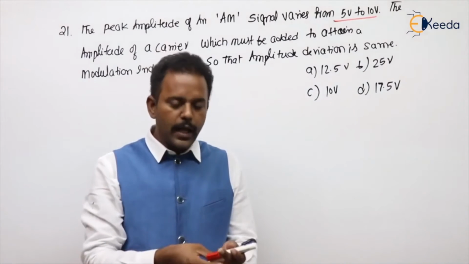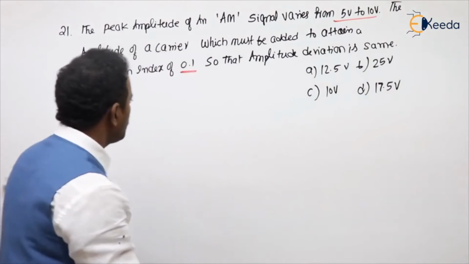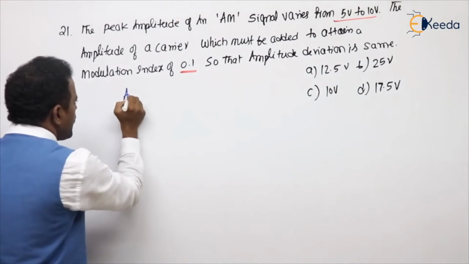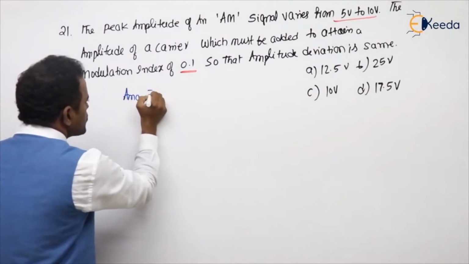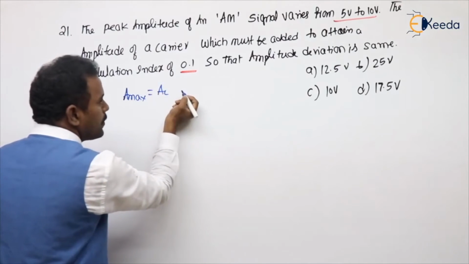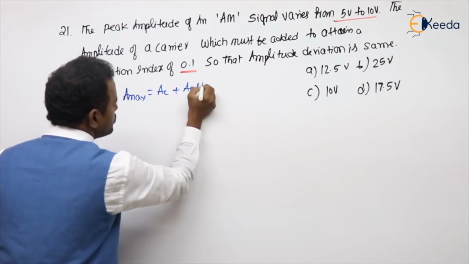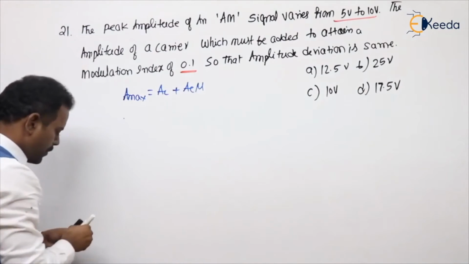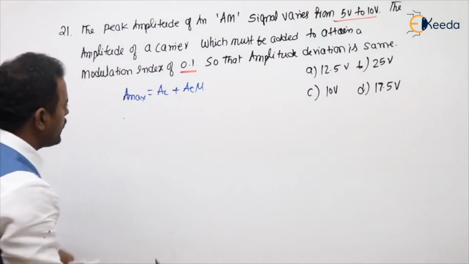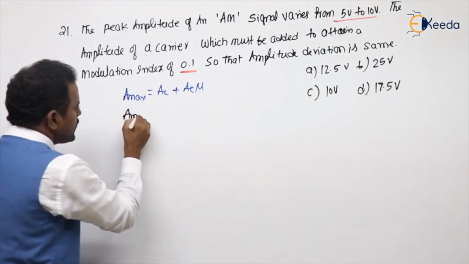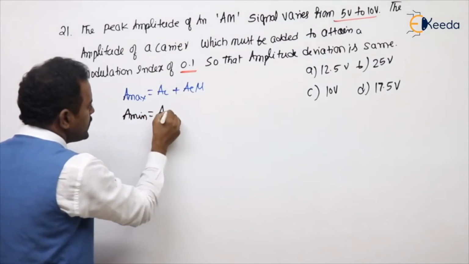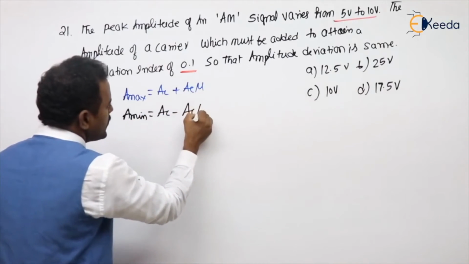To explain it, try to recall the formulas of A max and A min. A max equals Ac into 1 plus mu, so Ac plus Ac mu. What is the A min formula? A min is nothing but Ac into 1 minus mu, so Ac minus Ac mu.